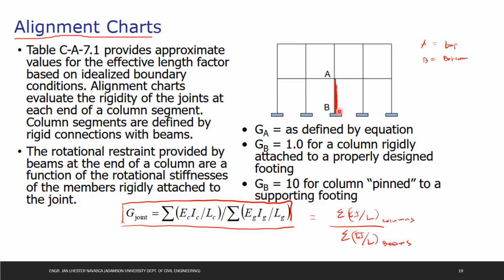And GB is 1.0 for a column rigidly attached to a properly designed footing, and GB is 10 for a column that is pinned.